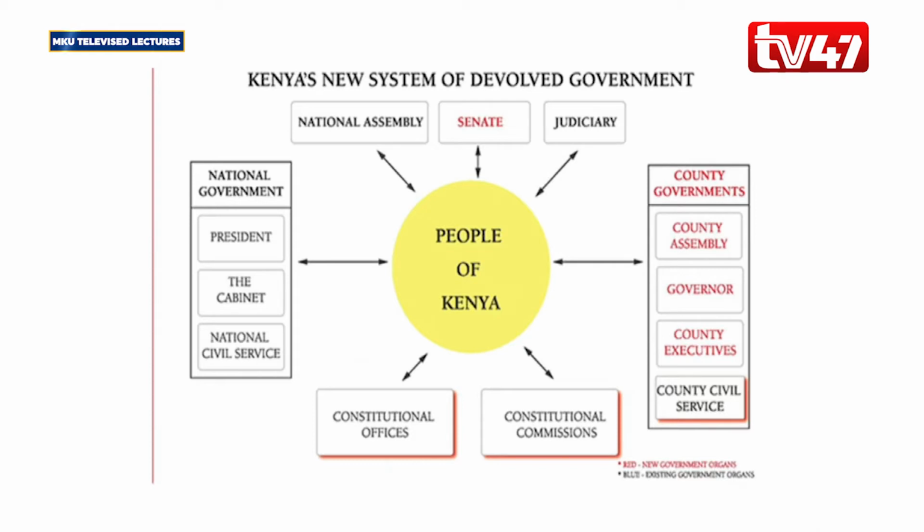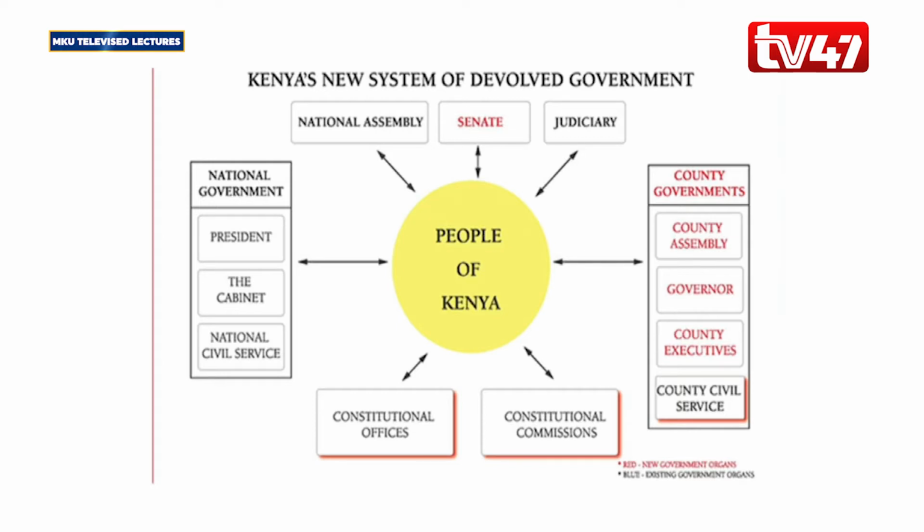So if you look at the people of Kenya, in a democracy, a government is set up by the people, to serve the people and for the people. So everything starts with the people of Kenya here, and we are trying to understand how the new system of devolved government works.